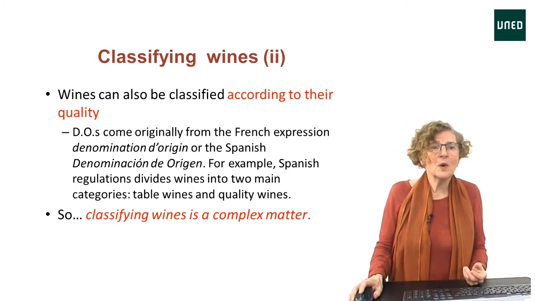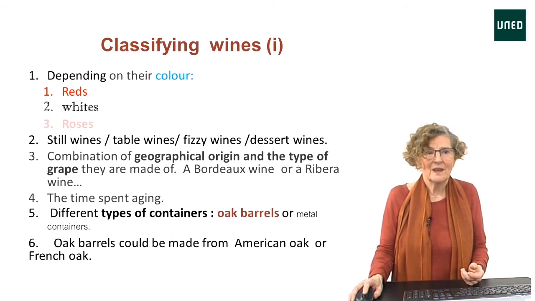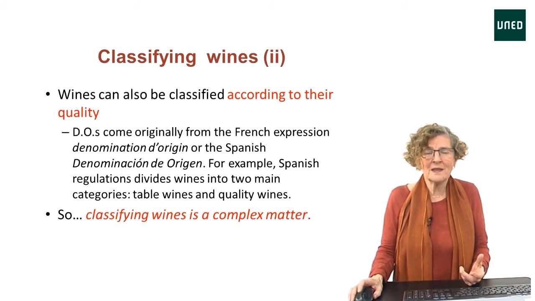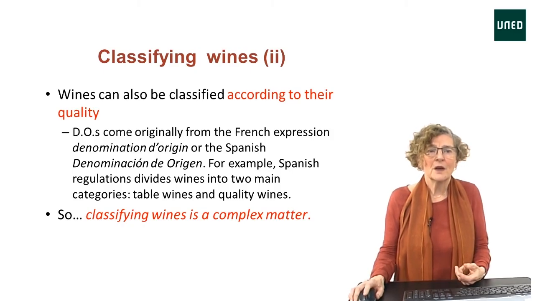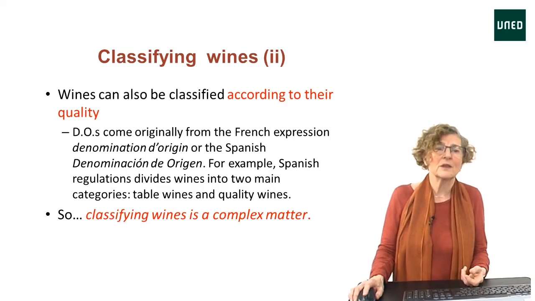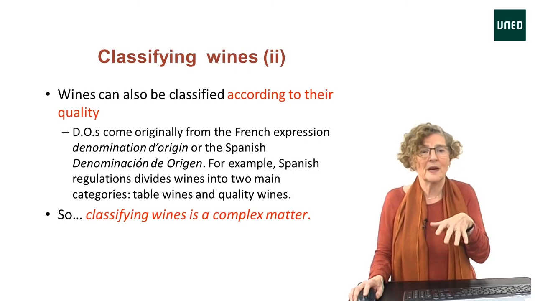The quality of wines is also an important thing. This feature, the quality of wines, gives way to the term that combines the place of origin, obviously related to the types of soils, and at the same time, as we've seen, the type of grape that grows better in that particular area.